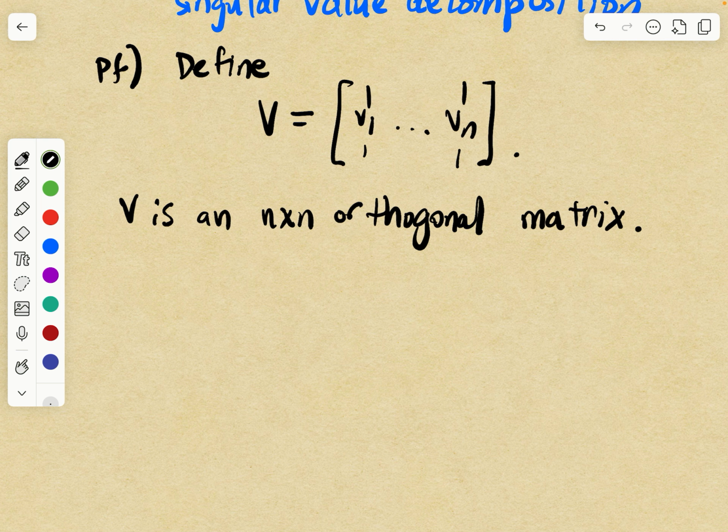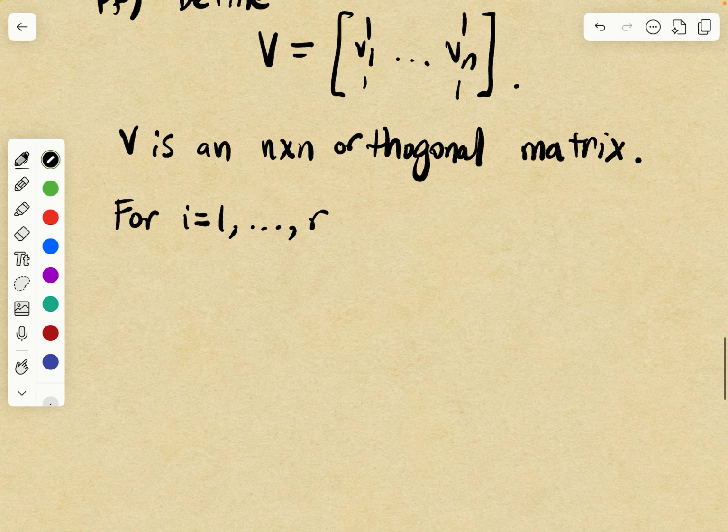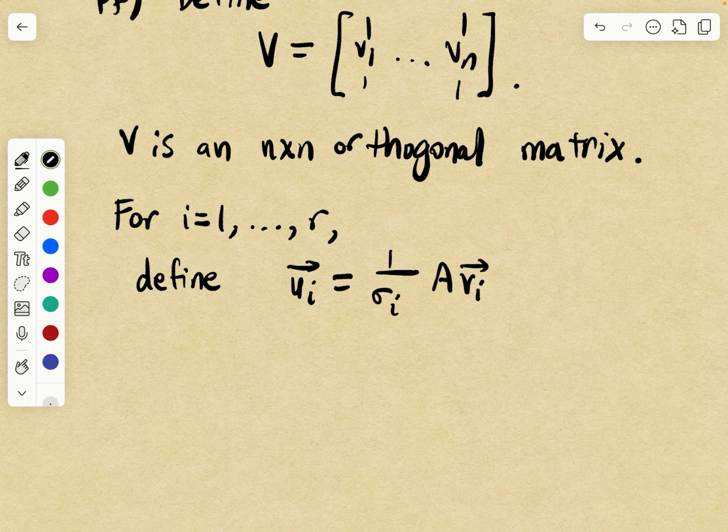Now we have to define the U, the vector U. So what we do is this. For i equals 1 through r, where r is the rank, so you don't go all the way to n, you only go out to the rank, define Ui, the vector Ui, to be 1 over sigma i times A times Vi.